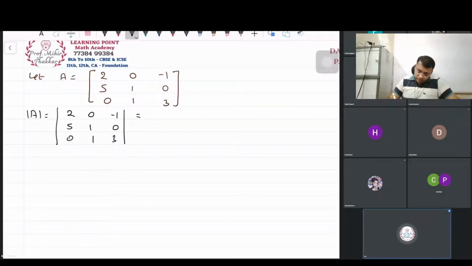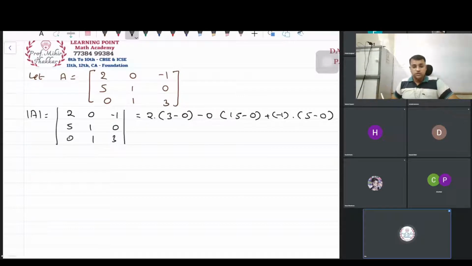Okay. So it is going to be equal to 2 multiplied by 3 minus 1 by 3 minus 0, 0 into 15 minus 0 plus negative 1 multiplied by 5 minus 0. I am sure everybody over here is comfortable with determinant solving. 6 minus 0 minus 5.